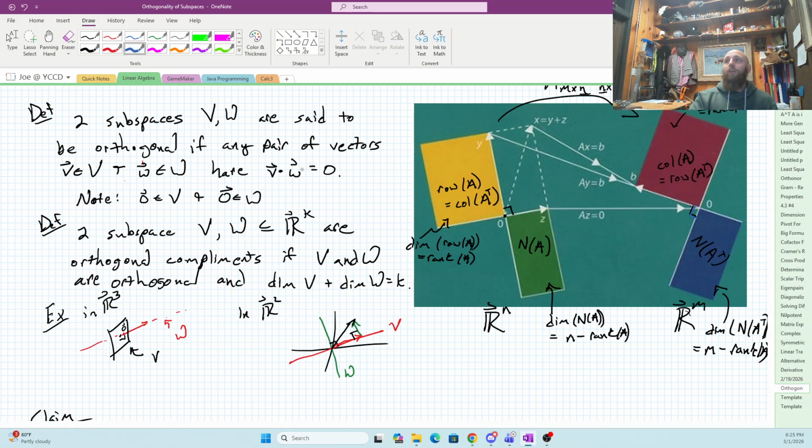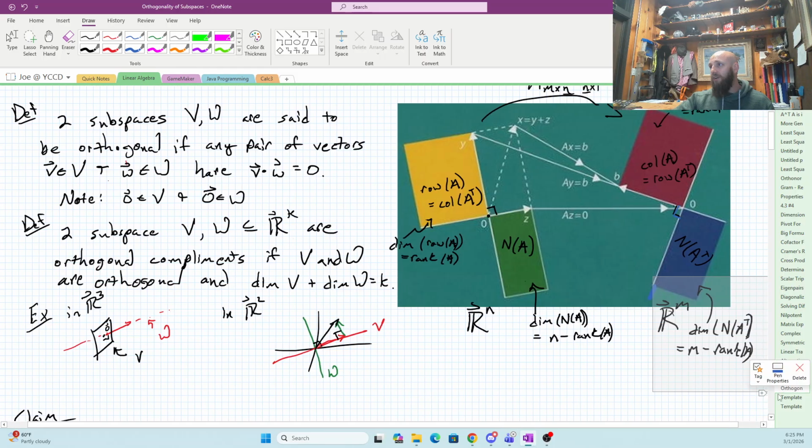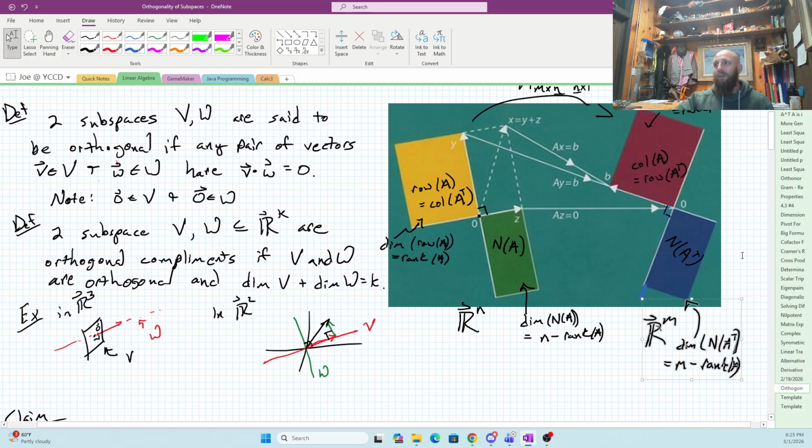So I think it would be good if we added a little padding down here. So I'm just going to grab this text here, scoot this down a little bit, and then add that little bit of padding. And this is essentially me saying, there may be a size difference between the left null space's size and the right null space's size, but there will not be a size difference between the row space of A and the column space of A. Those have to be the same size. They both have to have a dimension equal to the rank of the matrix.